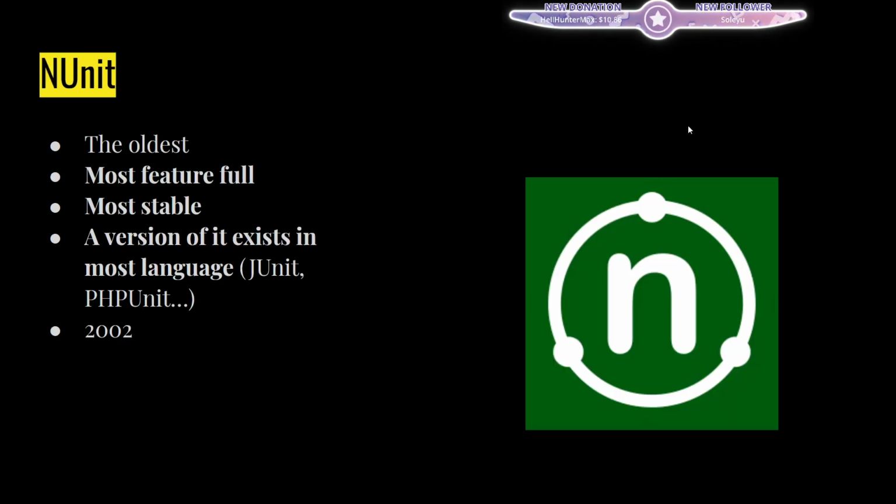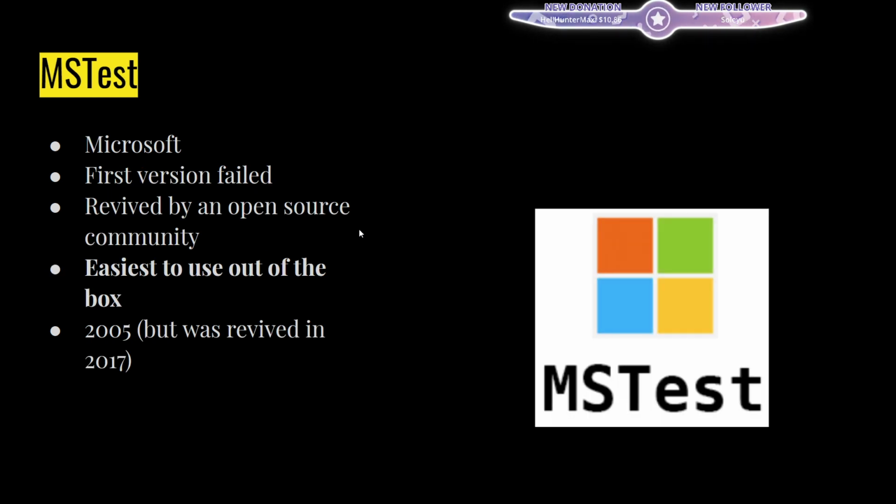So, NUnit exists in multiple languages. In .NET, it came in 2002, the first thing with which we could run tests. MS-Test came in 2005 after NUnit. Basically, Microsoft wanted its own testing framework. Like always, they want their own things, and they made something that failed horribly.